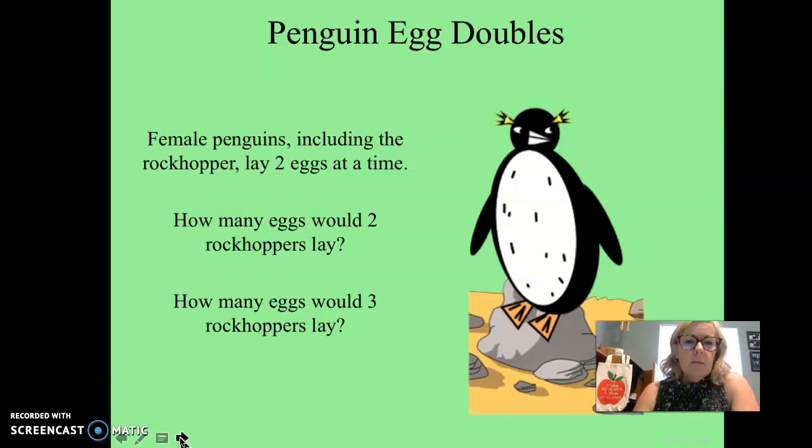How many eggs would 2 rockhoppers lay? 2 penguins and 2 eggs for each penguin would equal 4 eggs. How many eggs would 3 rockhoppers lay? Let's count by twos. 2, 4, 6. 3 rockhoppers would lay 6 eggs.